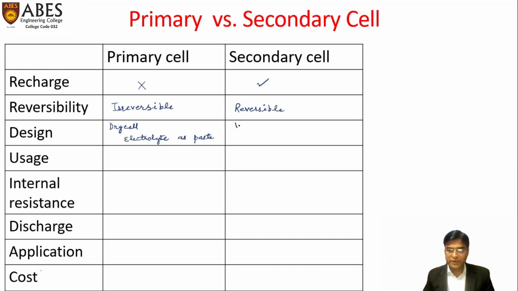So these are wet cells, and these may be the molten salt cells. On the basis of usage, primary cells can be used only once, whereas secondary cells can be used more than once.